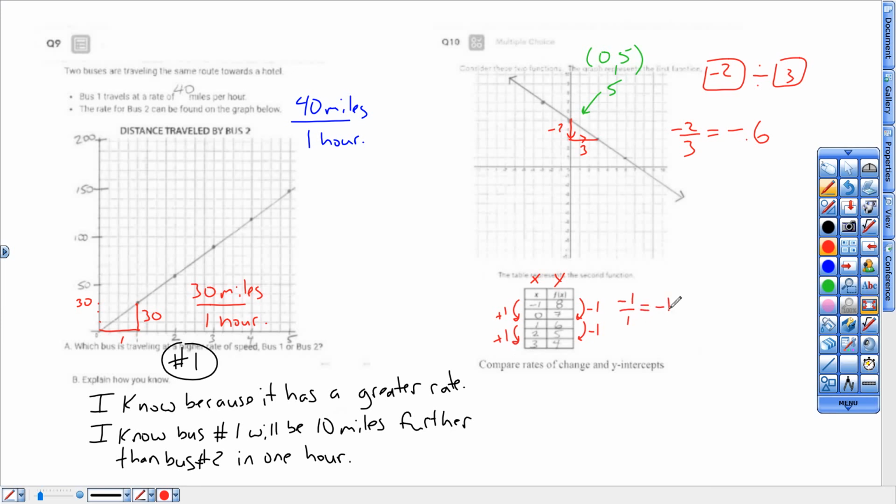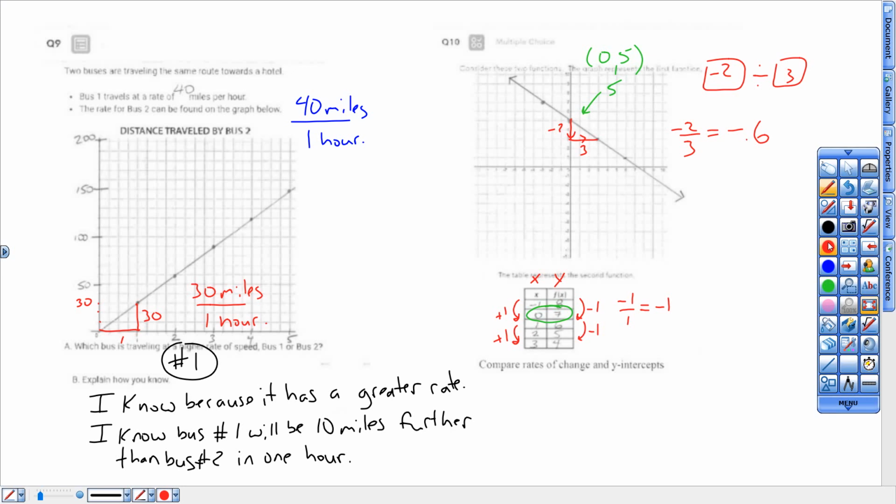This one has a y-intercept of 0, 7. That's how I find the y-intercept in a table. Look for when x is 0, whatever that y number is. And then compare. Looks like the graph has a smaller slope. The table has a greater slope. The graph has a bigger y-intercept. Oh, nope, it doesn't. So it looks like this table has both.